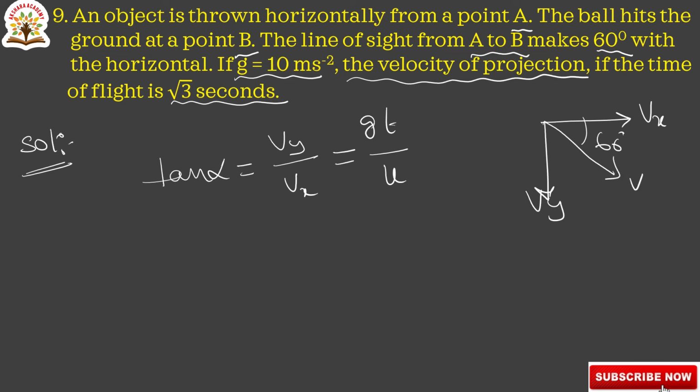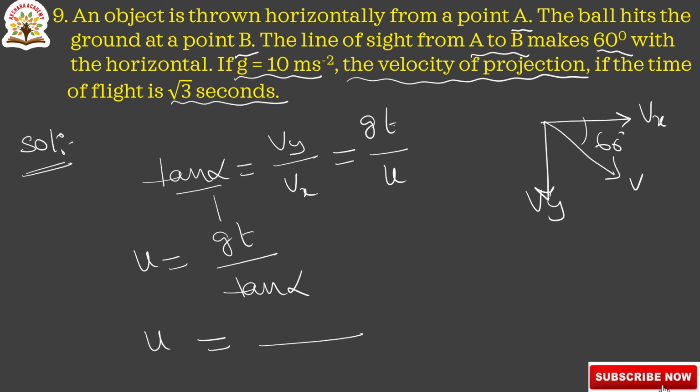So now we are writing u is equal to, from this we write the formula, taking cross multiplication, gt by tan alpha.